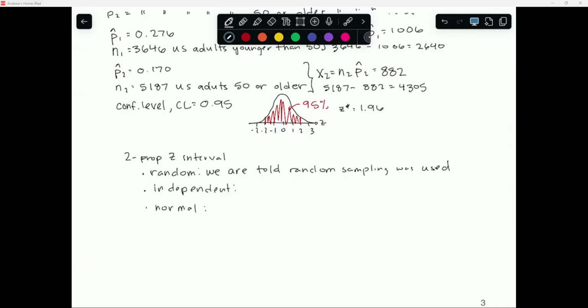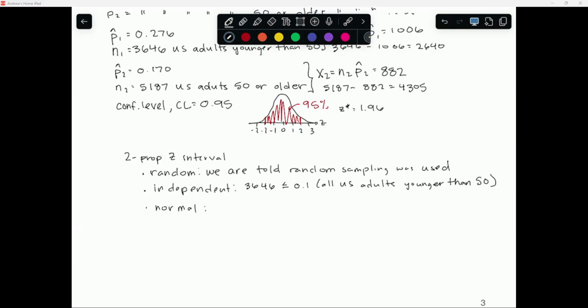For independent, we do the 10% check. So we're expecting that 346 is less than or equal to 10% of all U.S. adults younger than 50, which is a reasonable assumption.